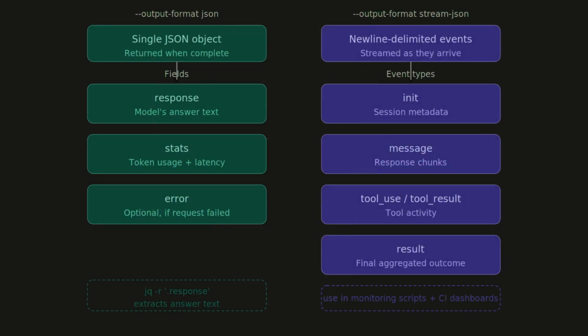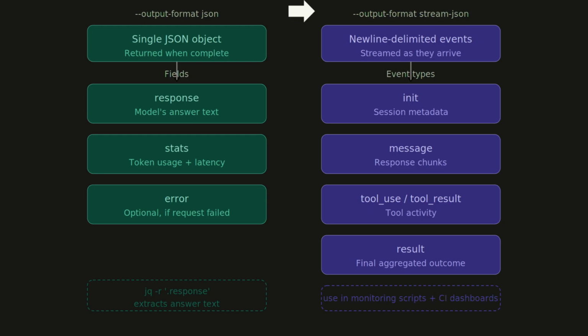Here are the flags you will use regularly in headless automation. Output format JSON returns a single JSON object with three fields: response for the model's answer, stats for token usage and latency, and an optional error if the request failed. Pipe through jq -r .response to extract just the answer.